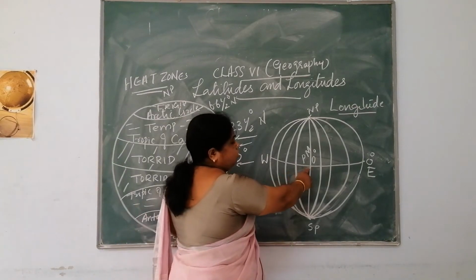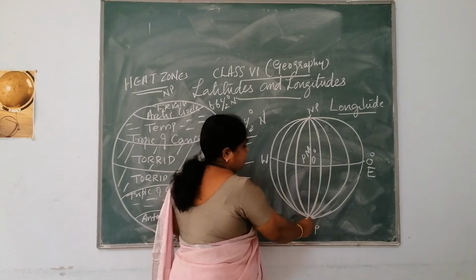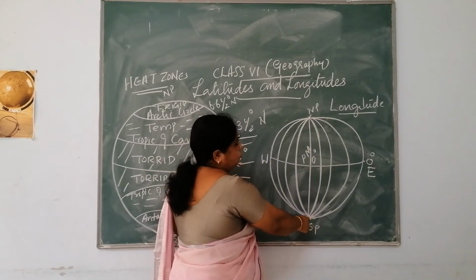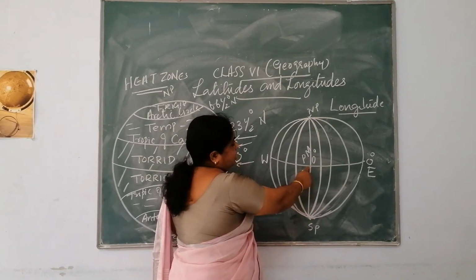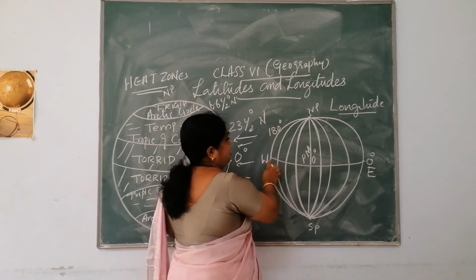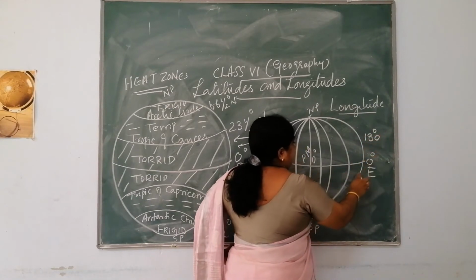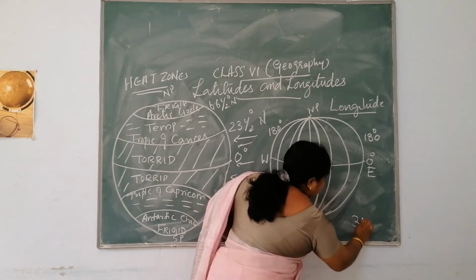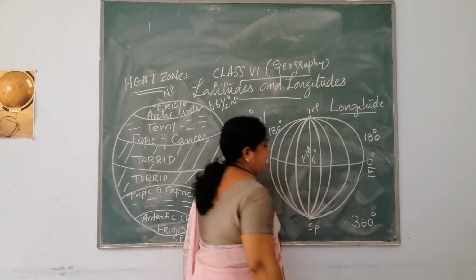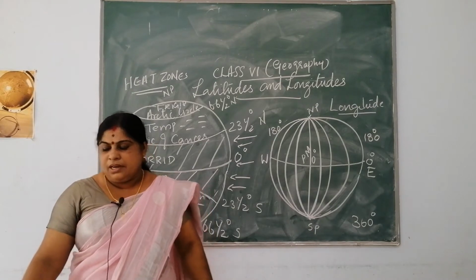I already told you there are 90 degrees of latitudes towards the North Pole and 90 degrees towards the South Pole, whereas in longitude there are 180 degrees towards the west and 180 degrees towards the east. So in total there are 360 degrees of longitudes, and you always measure longitudes in degrees.